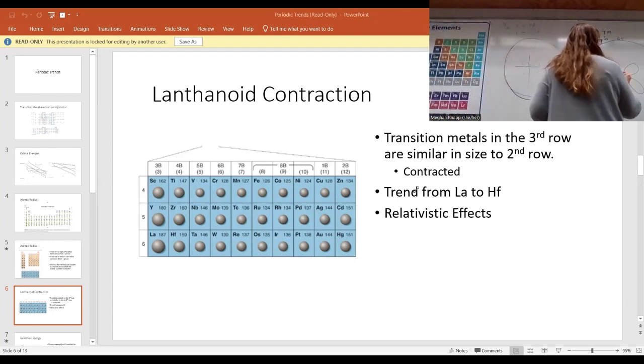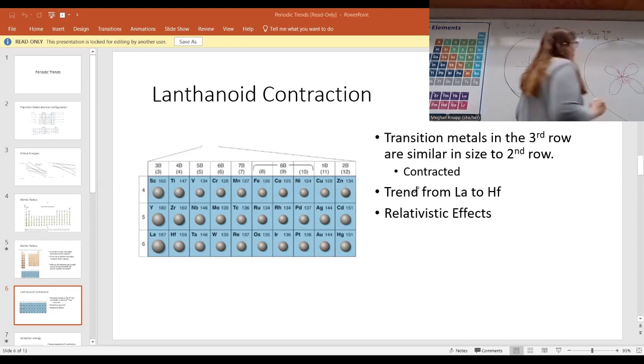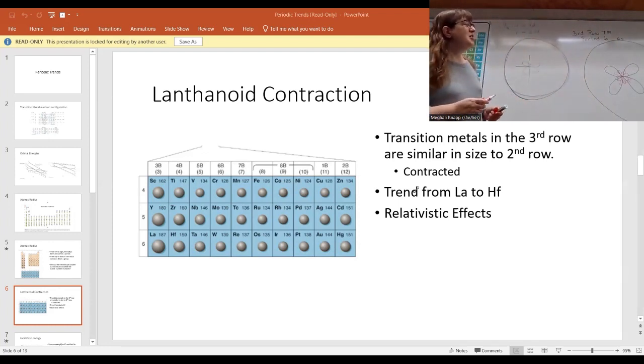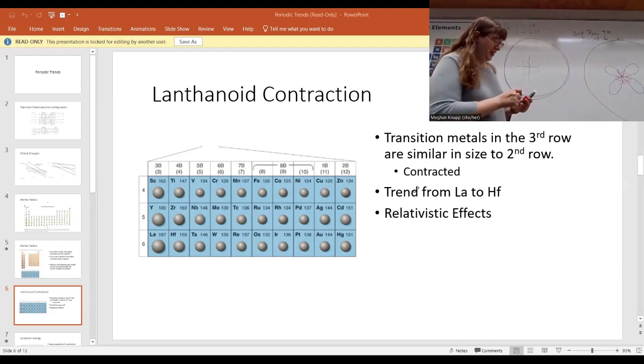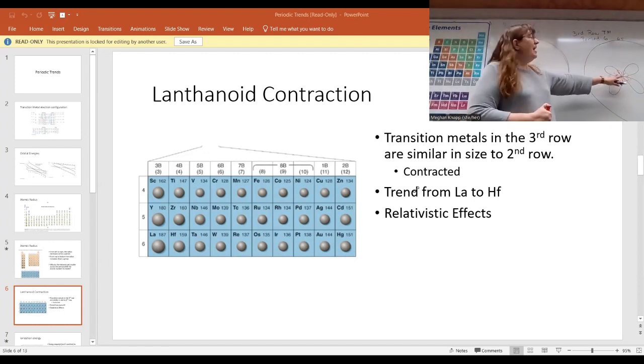oh gosh, what did it have? It's like a carnation, all over the place. Okay. So it's got lots of nodes in there, and it is not shielding the size very well.